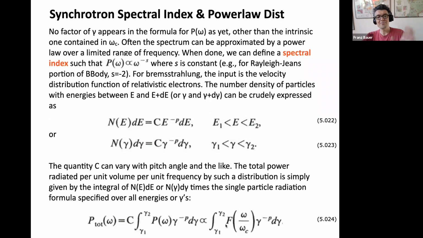So hopefully that makes some sense. So the individual power times this distribution of number density over a small range in dE or d gamma in this case. So we're just integrating over this small range times this constant. And so this thing is going to be proportional to this thing. And this is a proportionality. We can fold everything back into the constant, more or less.